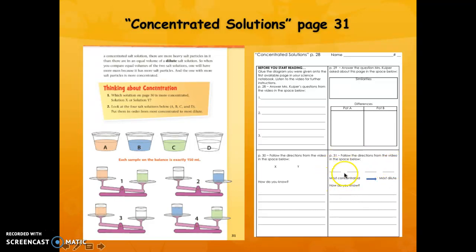So you're going to have your letters A, B, C, D on these 4 blanks. And then I want you to explain, how do you know? How did you know which letter to put where? Make sure you're using complete sentences. So now, this paper should be complete, and the chart in your science notebook should be complete.